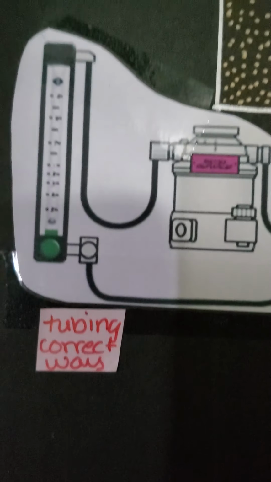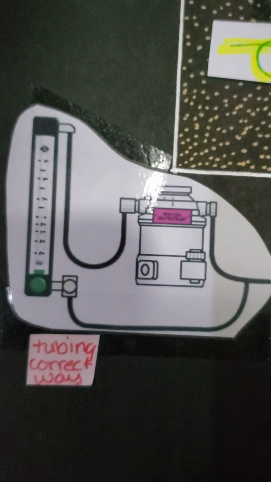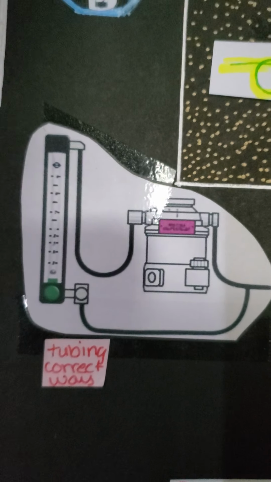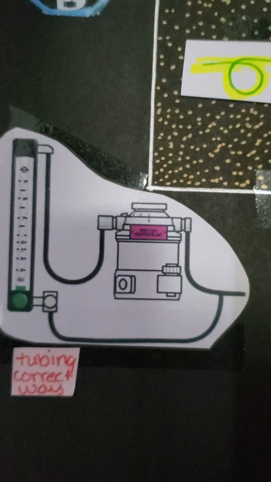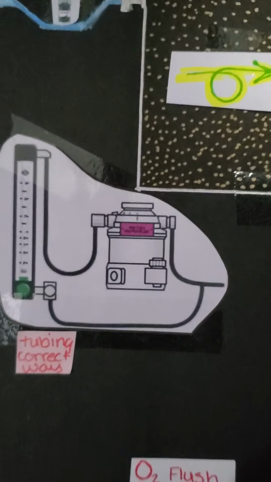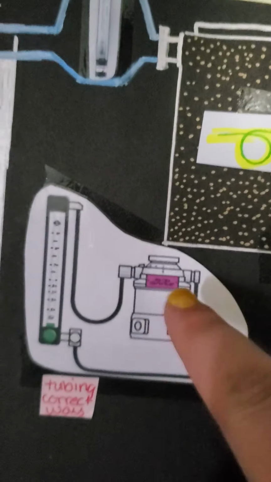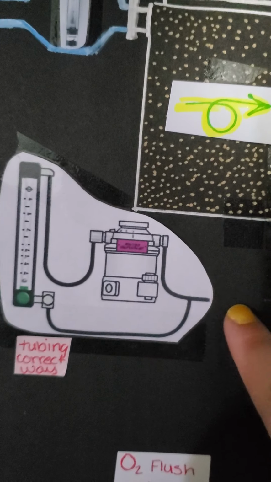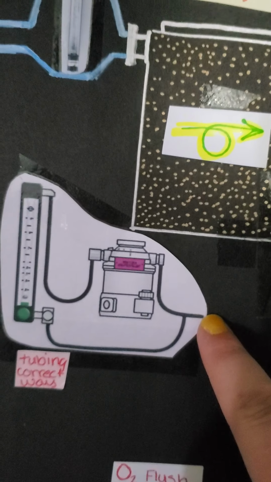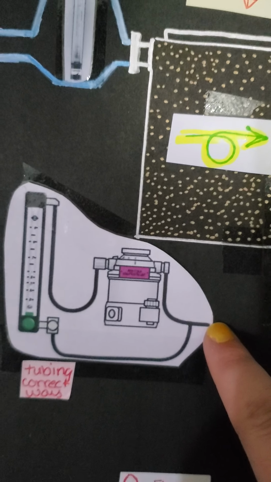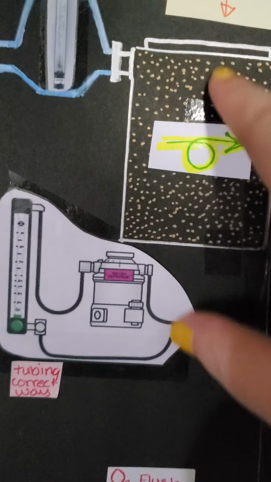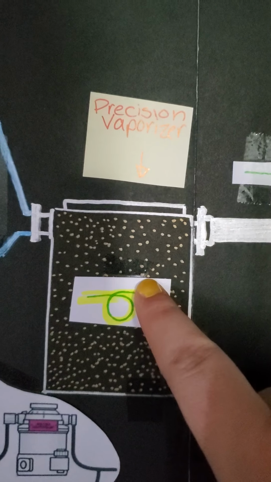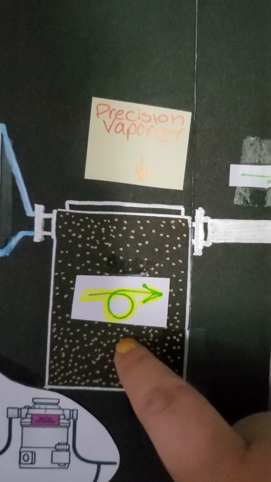The lines or the tubings, this is the correct way for the tubes to be connected to the flow meter and the pressurized vaporizer. As you can see, it's after the vaporizer. The reason for this is because we want that oxygen and that vapor for the anesthetic to come to the patient.